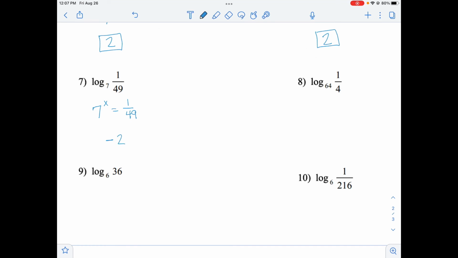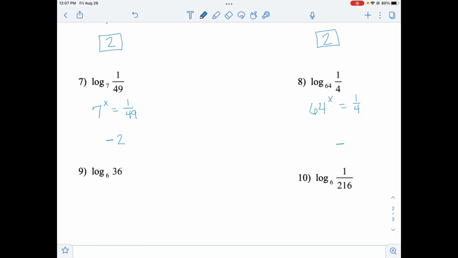Now, number 8 is a little bit tough because we're not seeing exactly a whole number here per se. So I'm saying 64 raised to what power equals 1/4. So I've got to think here, to get it to be a fraction in the answer, I need a negative number. So I already know that much.